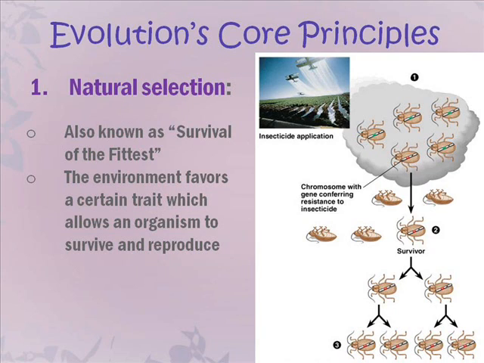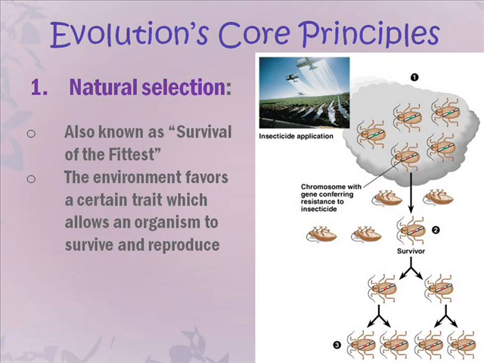Now there are just two core principles, or just two basics to understand, and then you've nailed evolution. The first one is called natural selection. Some people call this survival of the fittest. This just means that the environment will favor a certain trait over other traits, and that will allow an organism to survive and reproduce.